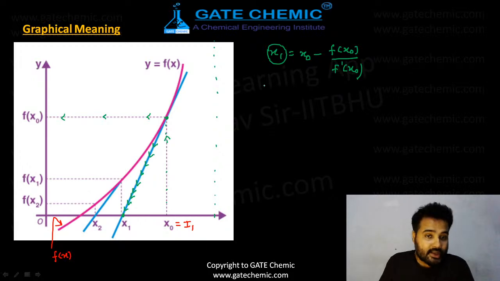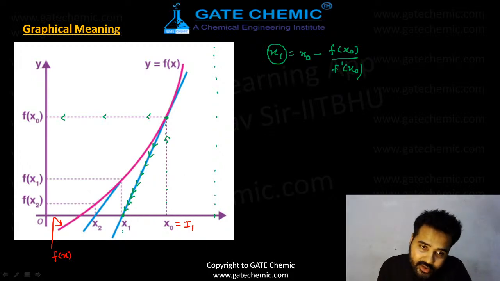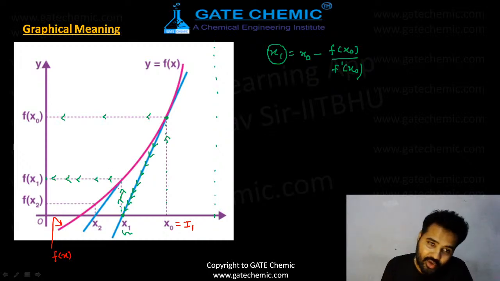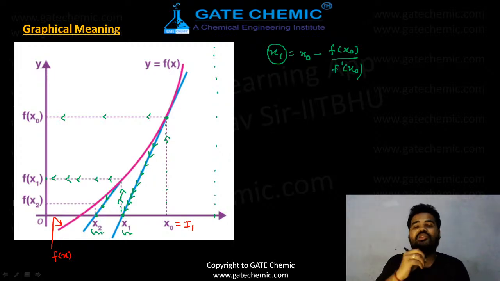Okay. Now I got this x1. Again I am going to obtain the value of f(x1). It's still not 0. That means again I am not correct. So again I am going to draw a tangent and it will give me another, better approximation than x1.